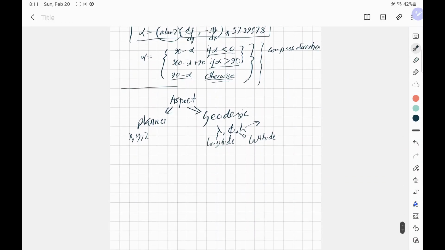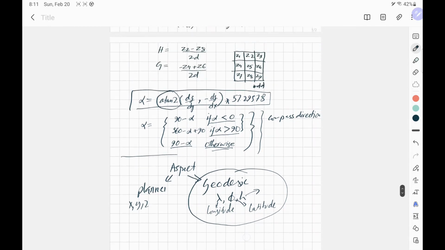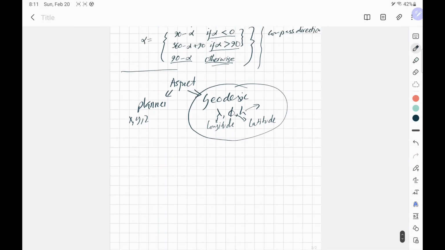Among them, the more accurate, as per ArcGIS, is geodesic. The formula is the same as I have listed above, and the only difference comes from the calculation of slope.